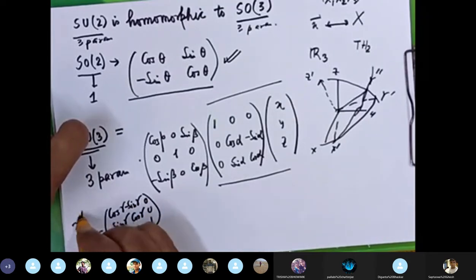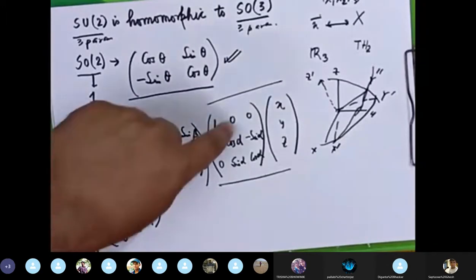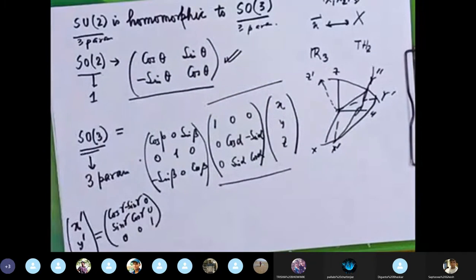So this will be your changed object. Is it clear? So this is this into this into this into this. So three rotations in three different planes, you make it and obtain this.